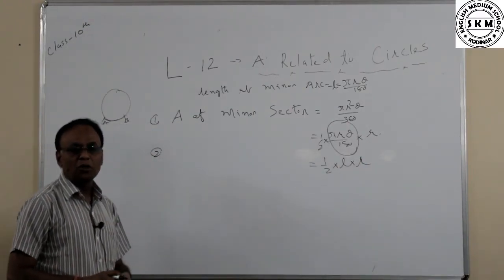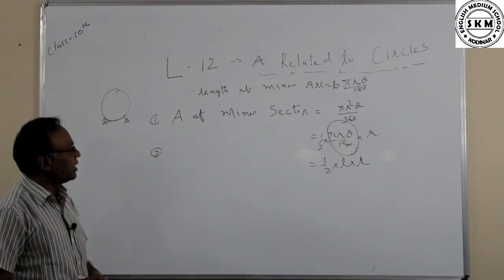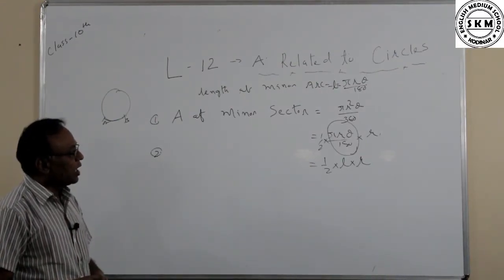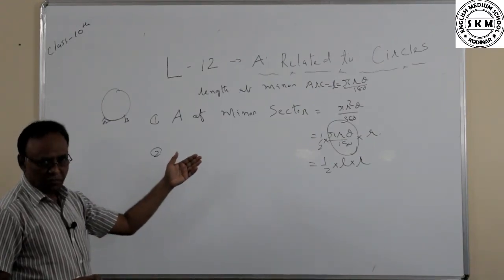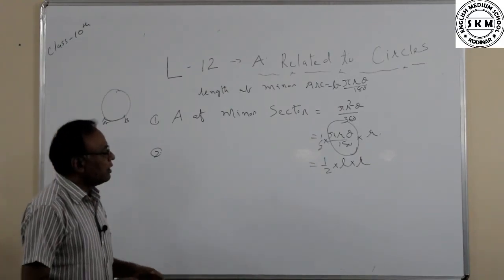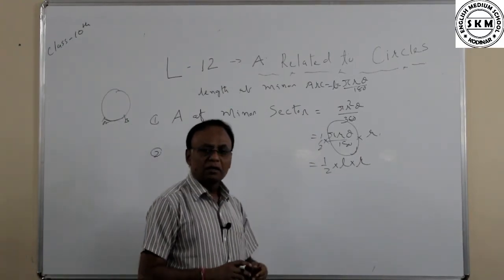So it is your second formula: the area of the minor sector is equal to the first formula, pi r square theta upon 360, or half into L into R.